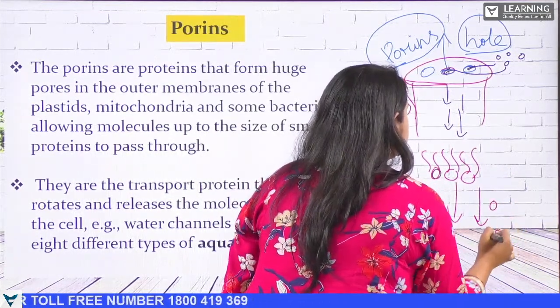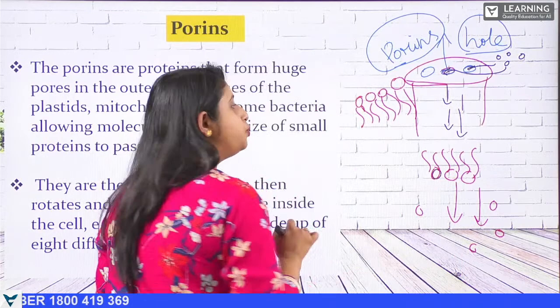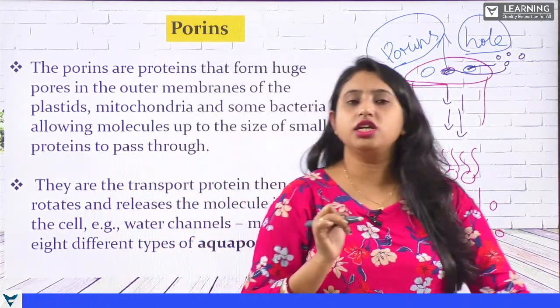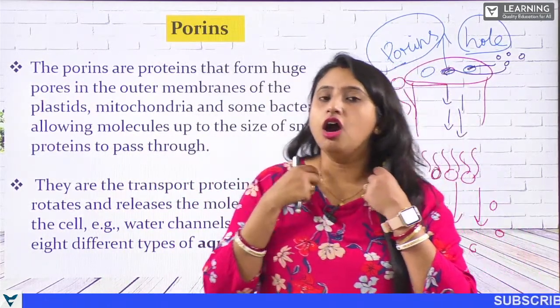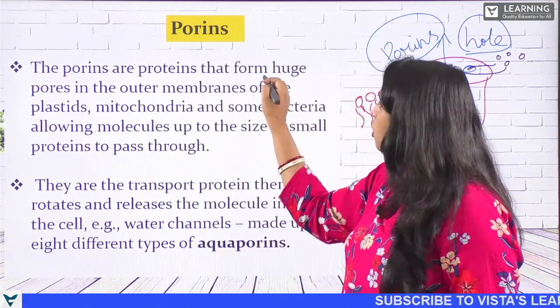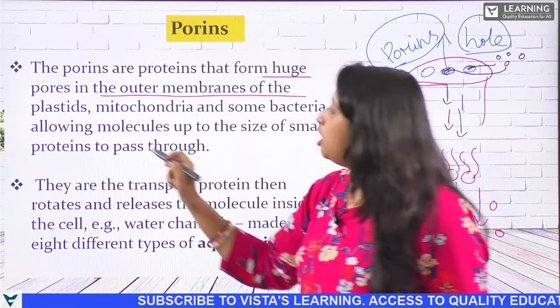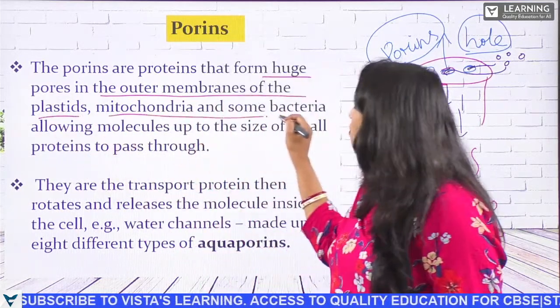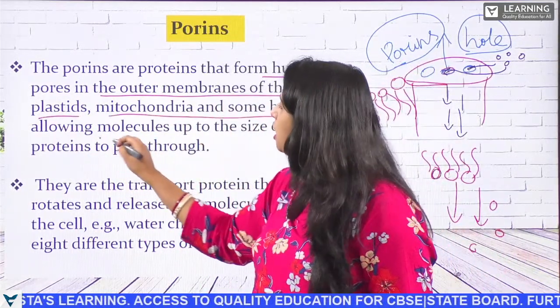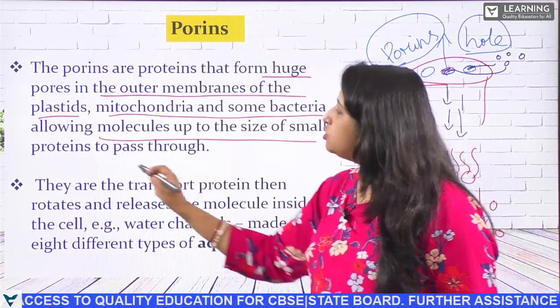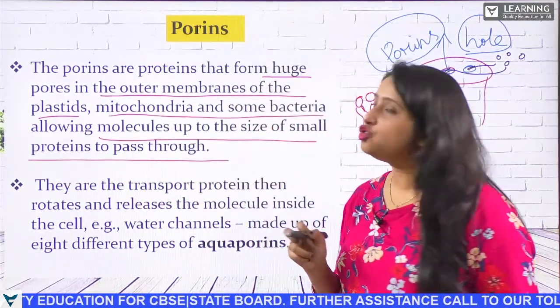Is that clear? Porins are the proteins that form huge pores in the outer membrane of plastids, mitochondria, and some bacteria, allowing molecules up to the size of small proteins to pass through them.